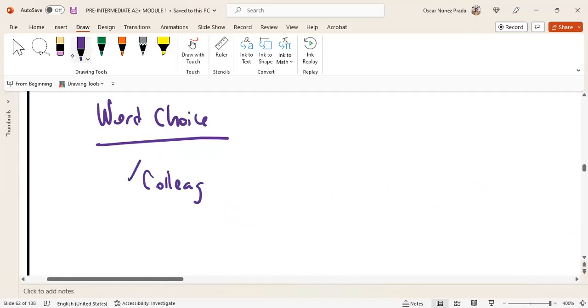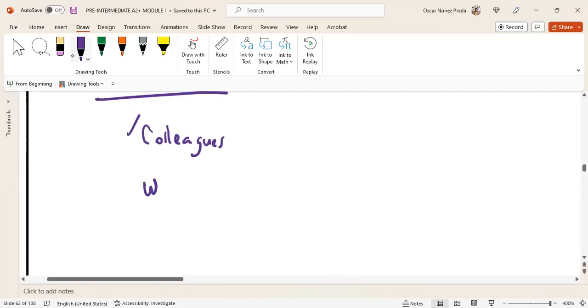Yeah, so we need to practice until we get the pronunciation right. Okay, like colleagues, for example. We have to be careful when we want to say, for example, 1 woman, 2 women. So remember, we don't use the S here, okay?